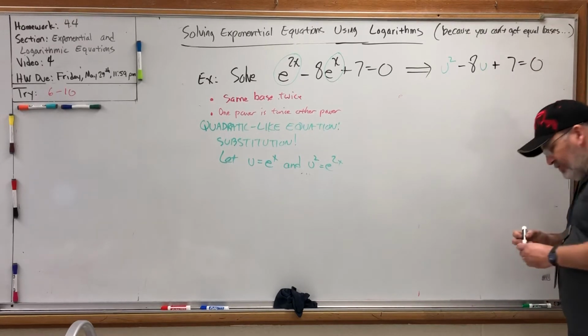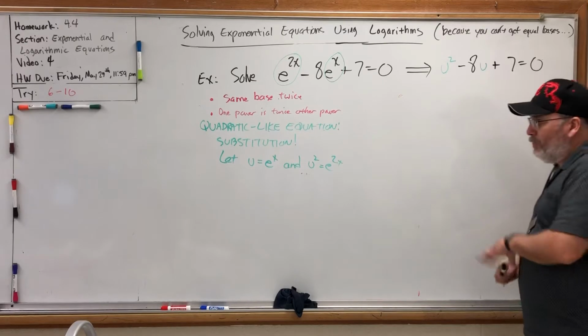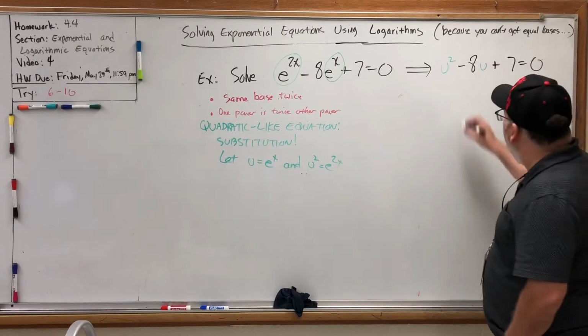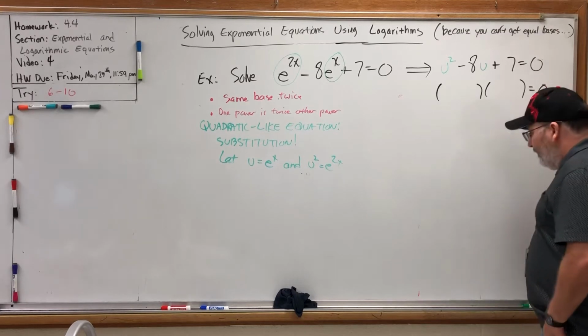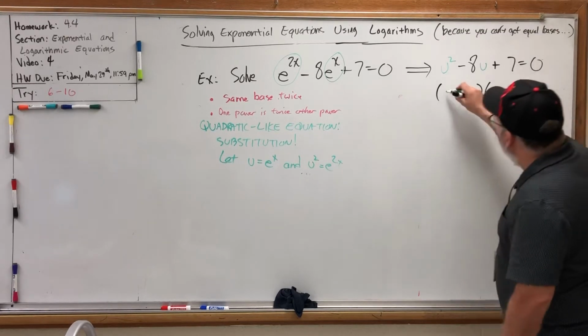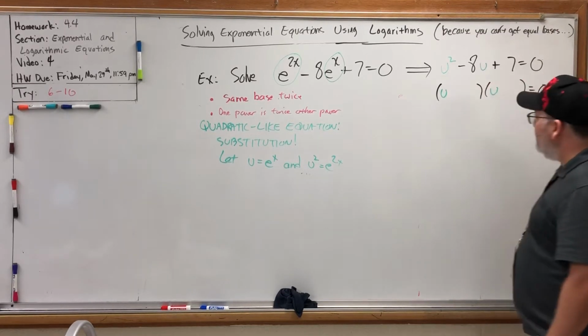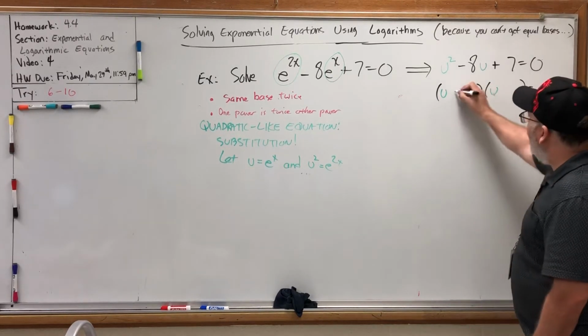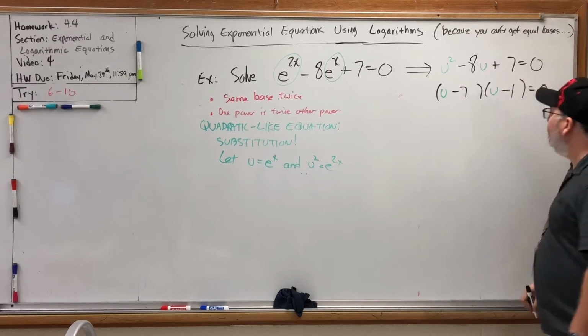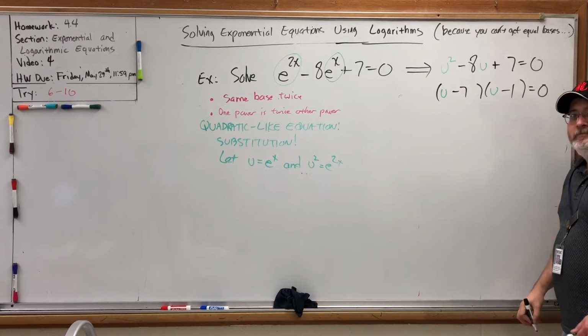You're welcome to solve it using the quadratic formula, but I promise you they will factor in the homework. So what will u squared minus 8u plus 7 factor into? Well, can you give me 2 numbers that add to give negative 8 but multiply to give 7? How about negative 7 and negative 1? That'll work.